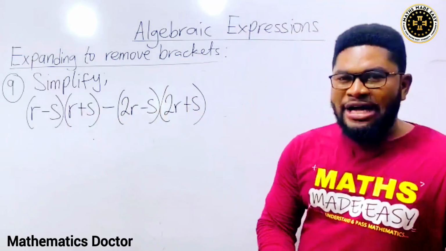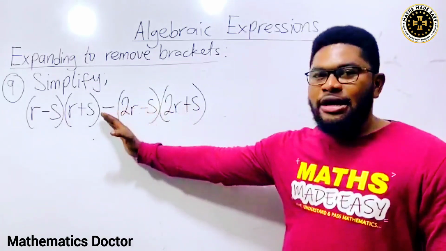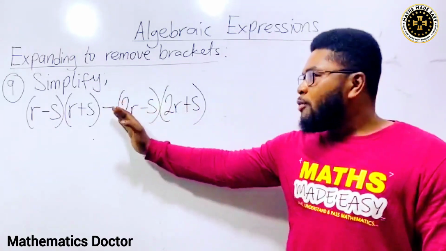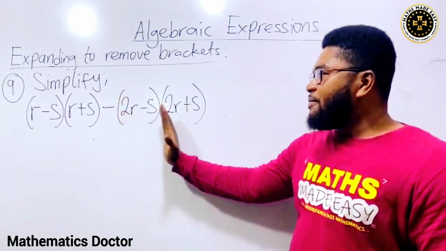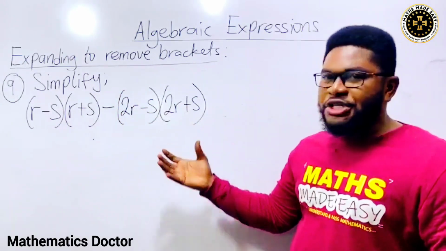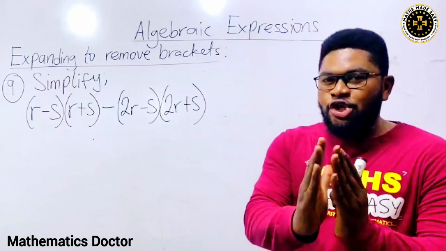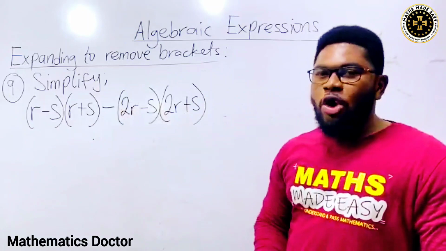Watch this particular part of it. The negative sign is affecting this entire expansion. So we will separate the negative from the expansion, complete the expansion, simplify the expansion, then allow the negative sign to also expand so that you don't get the expansion wrongly done.